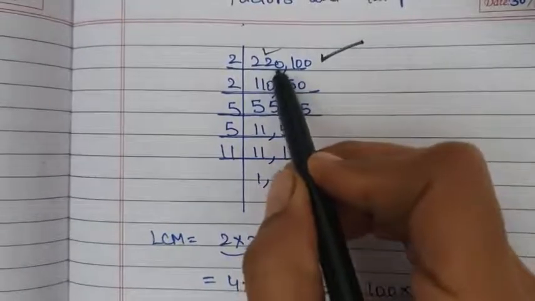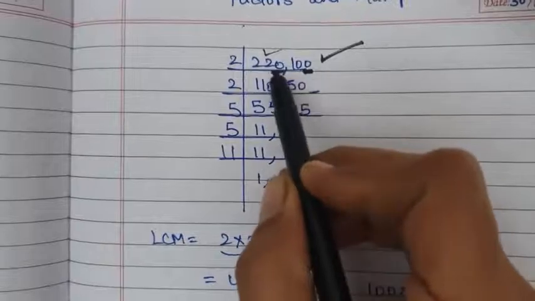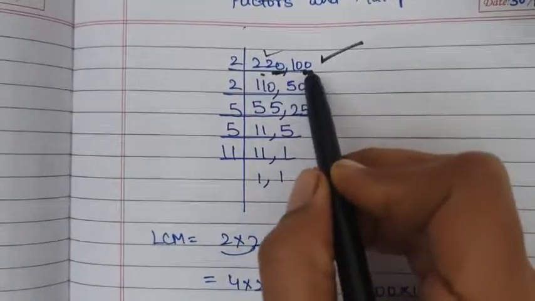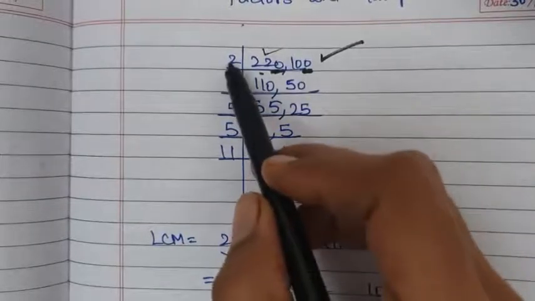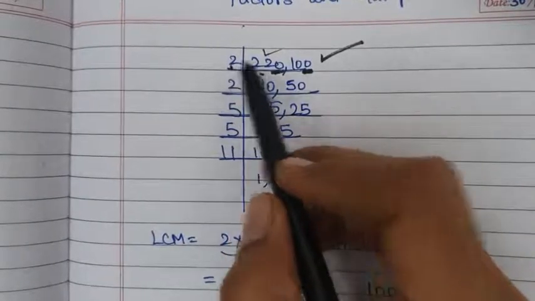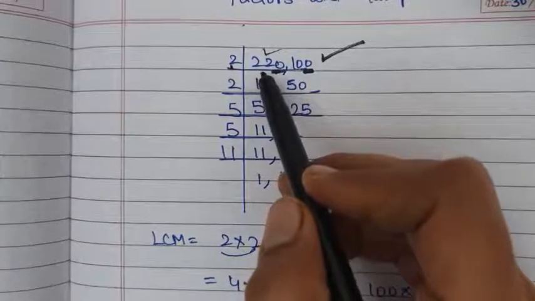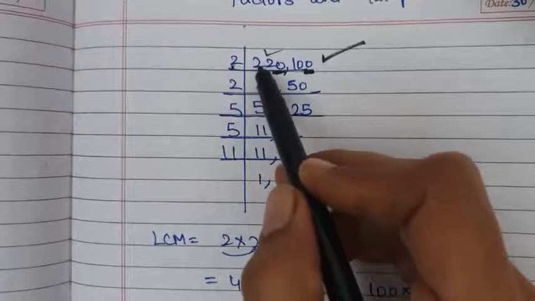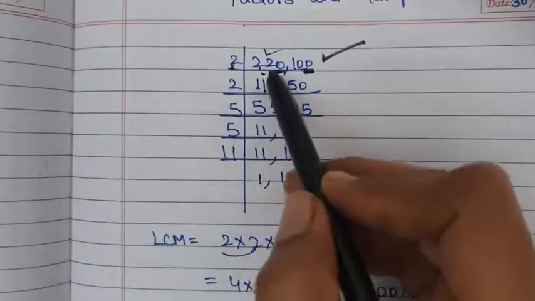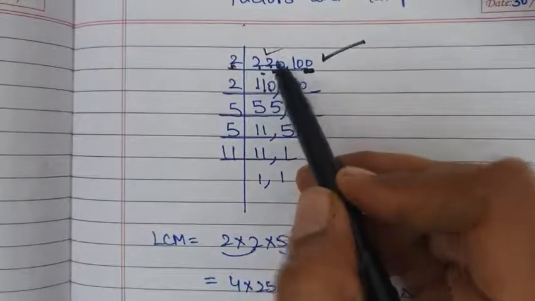Now let us see how we can find the LCM of 210 and 100. Again students, the last digit is 0. So these two numbers must be divisible by 2. So I will write here 2. See, now carefully I am doing it directly. 2 1 is 2, 2 1 is 2, 2 0 is 0.